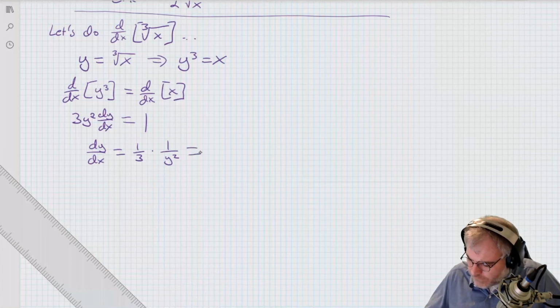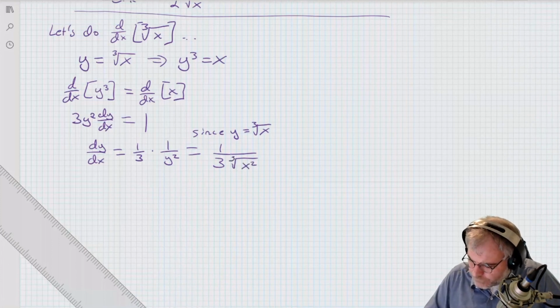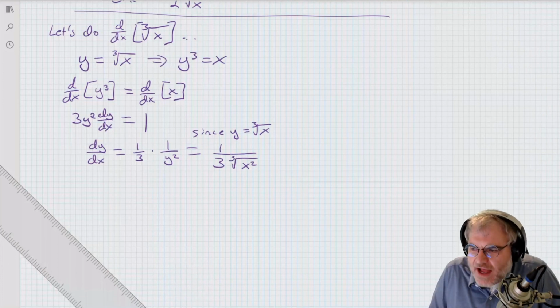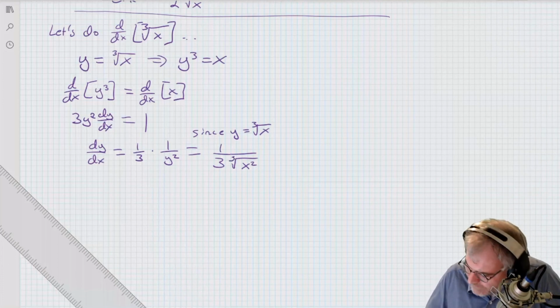Which equals, since y equals the cube root of x, 1 over 3 times the cube root of x squared. How do we feel about that, 1 to 5? Kind of a nice little thing.